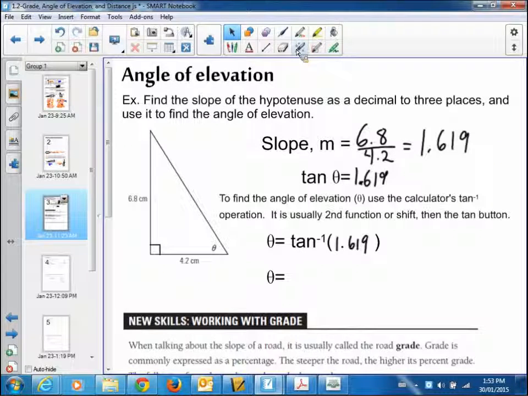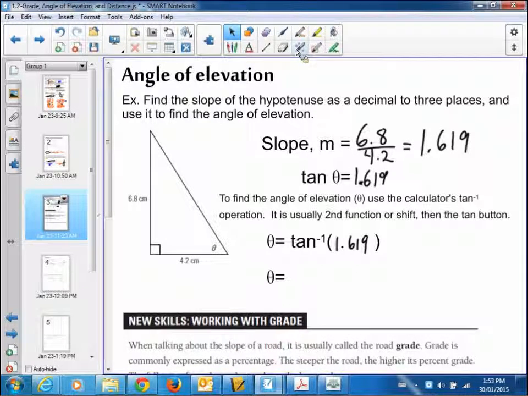See this, degree. Try that 1.619. The second function, second function, and then, oh, you mustn't hit it hard.